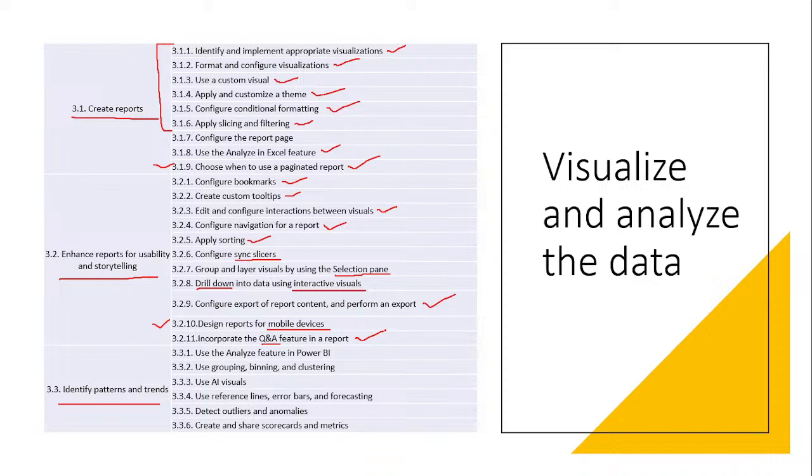Whatever prompt language you write in the Q&A feature, it will give you a simple output, and it will give you the visualizations also related to it. Like, what is the sales last year? So it will give you the visualizations and the data related to the sales available in the last year, right?